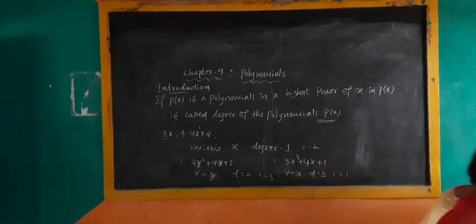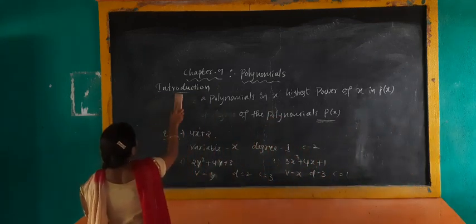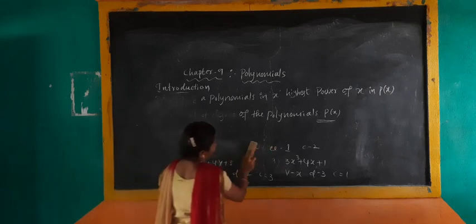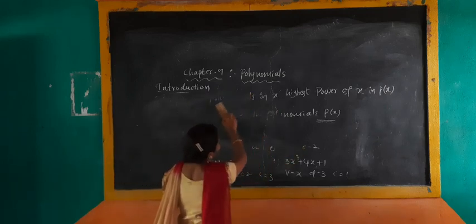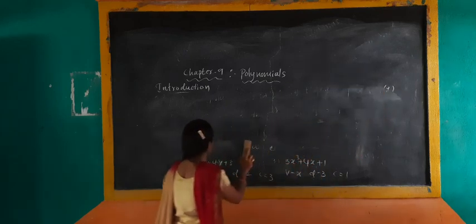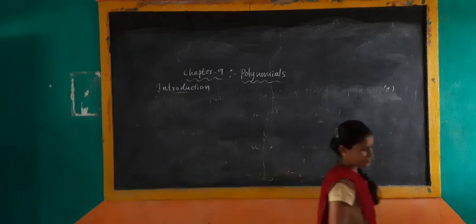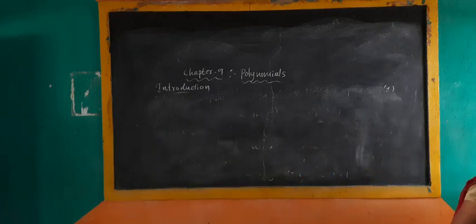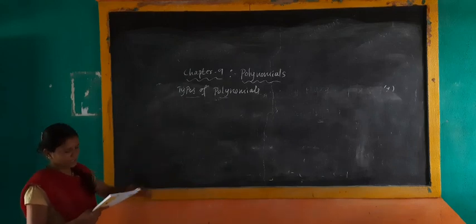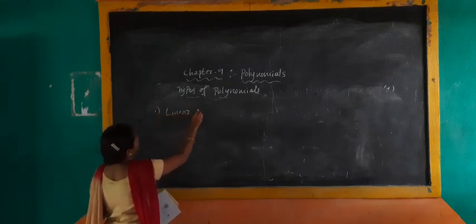Next, types of polynomials. In that, the first one is linear polynomial.